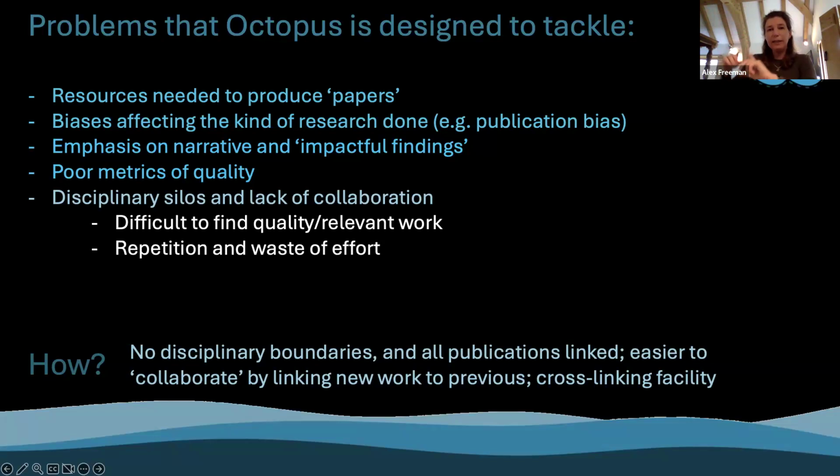So I can link it to different publication chains, but also any reader who comes along can also cross-link things. So if you found a publication on Octopus that other people should be reading in a different publication chain, you can make a cross-link and get credit for making a good cross-link. So hopefully this will all help us avoid repetition and waste of effort and help us find good quality work.